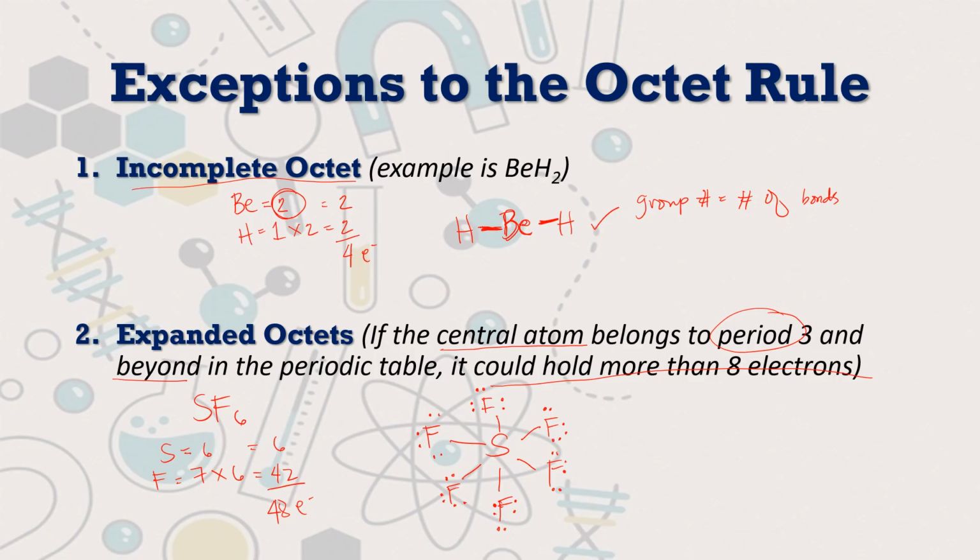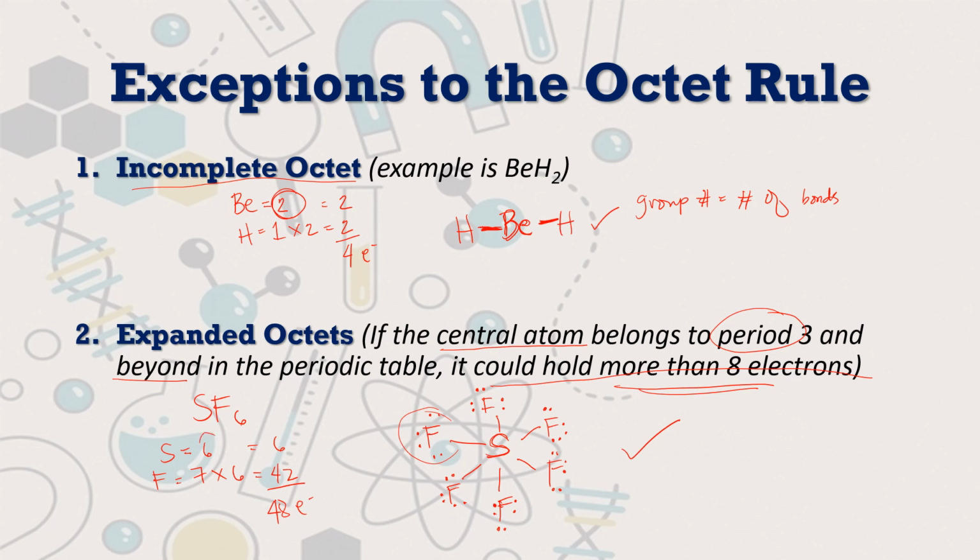As you can observe in this example, each fluorine atom obeys the octet rule. Each has 8 electrons. But the sulfur, as the central atom, exceeded 8 electrons. This structure is still correct because, as mentioned in this exception, if the element belongs to period 3, 4, 5, 6, or 7, it could hold more than 8 electrons.